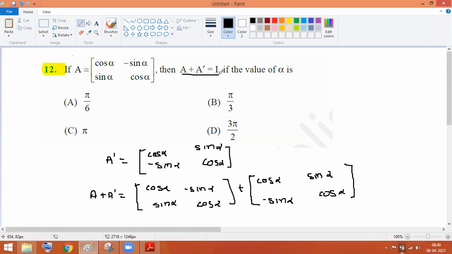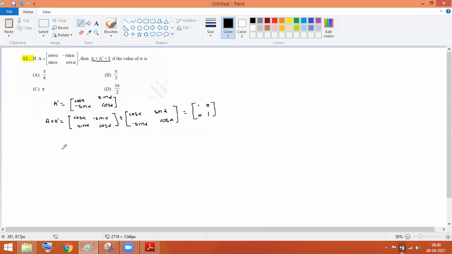Identity matrix means 1 0 0 1. After adding, we get 2 cos alpha, 0, 0, and 2 cos alpha again here. That equals the identity matrix, 1 0 0 1.